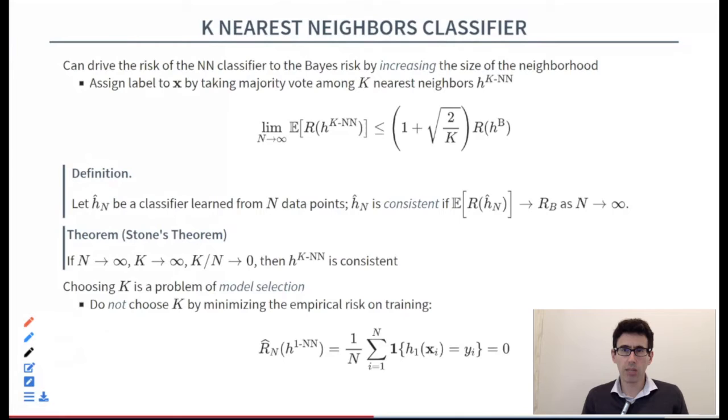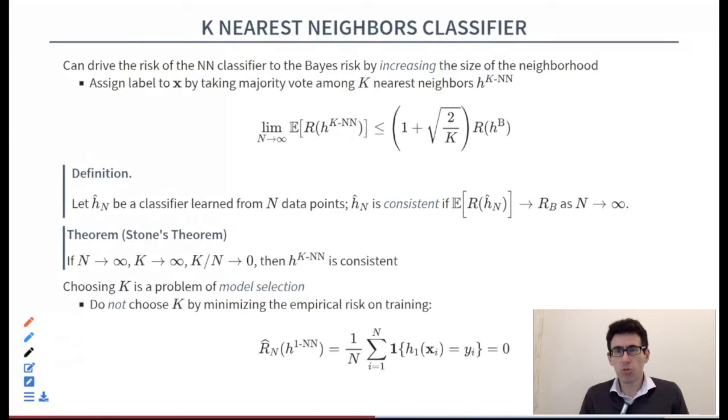One thing I want to highlight, if you remember my remark, is that when you're using one nearest neighbor, the empirical risk is always 0. This suggests that if you want to optimize the value of k, you should not do it by trying to minimize the empirical risk. Because in that specific case, the nearest neighbor of a point in your data set is always itself, because it's in the data set, and your empirical risk will always be 0.